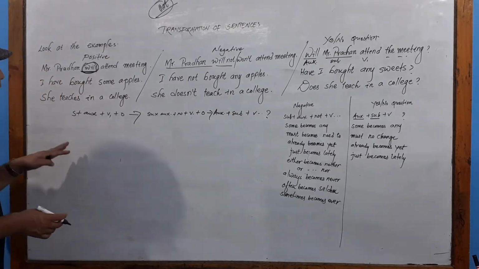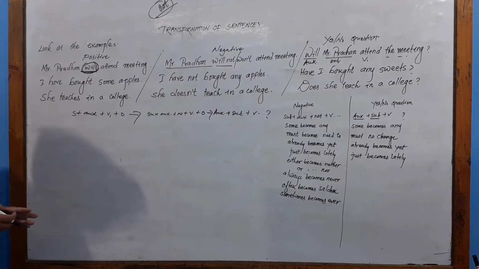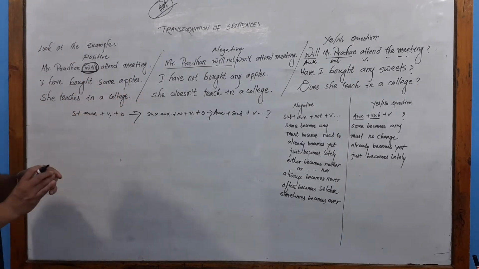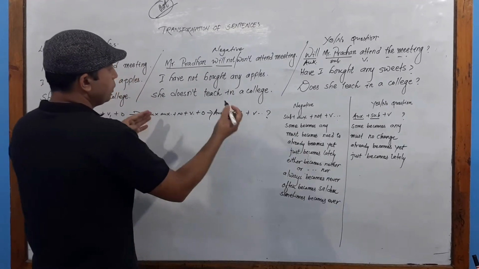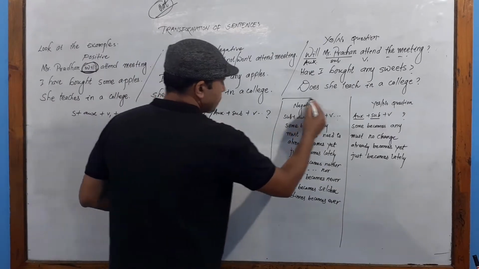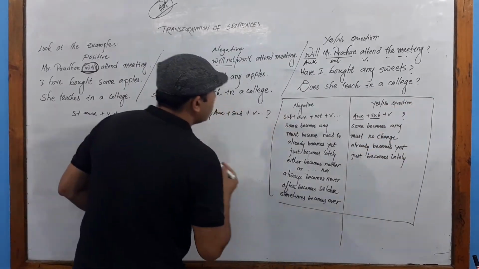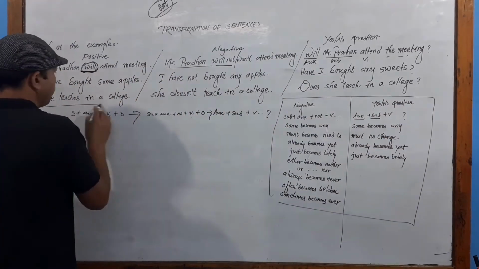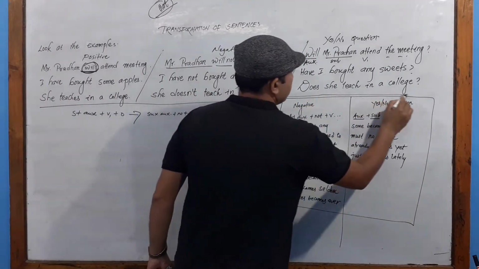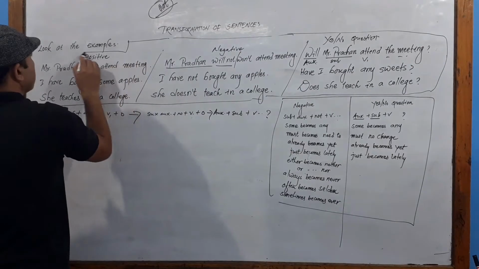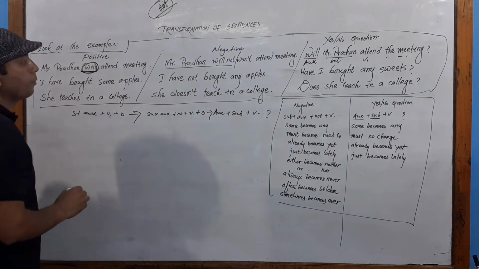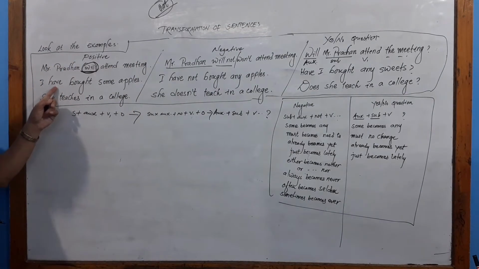Okay, same way. Now some other examples. I'll just tell you combined rules here, rules from this box and rules from this box. I have bought some apples. Look at here.